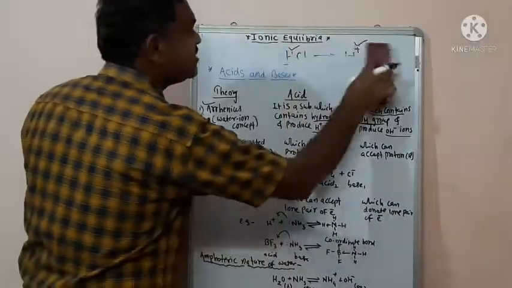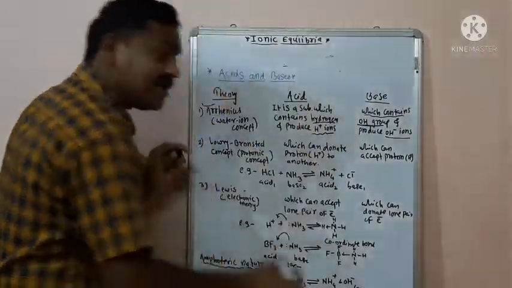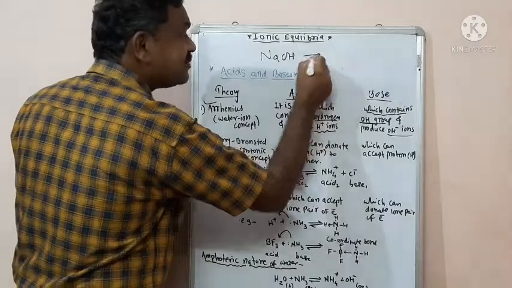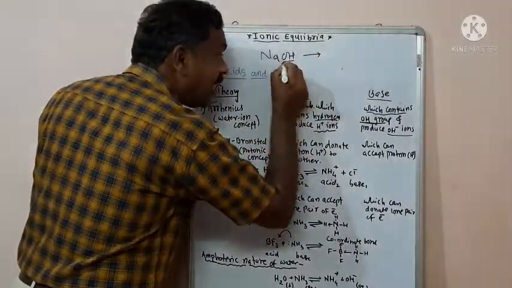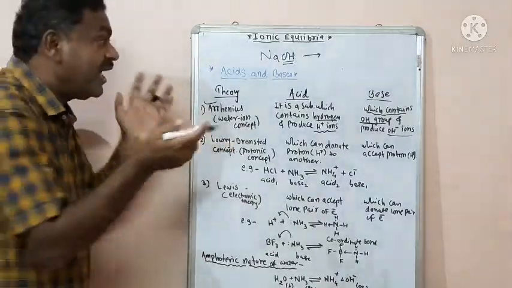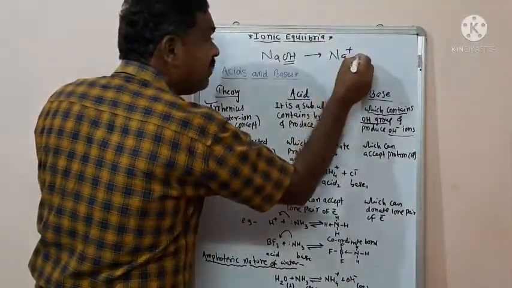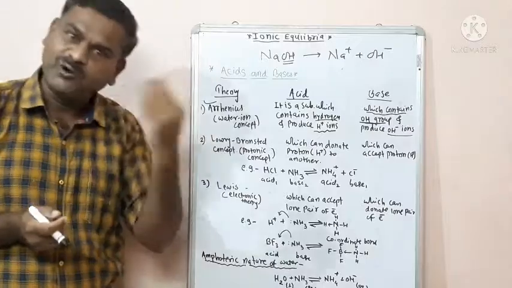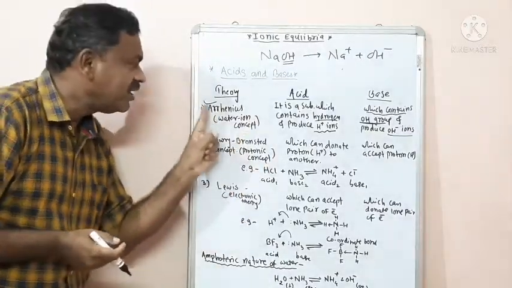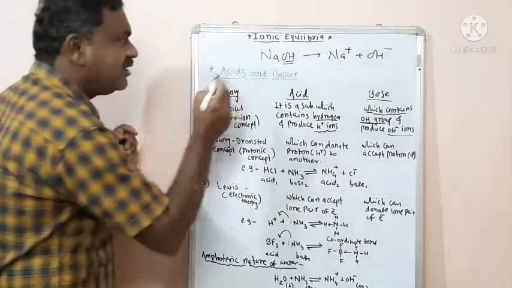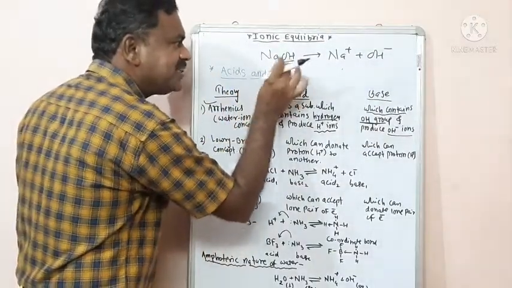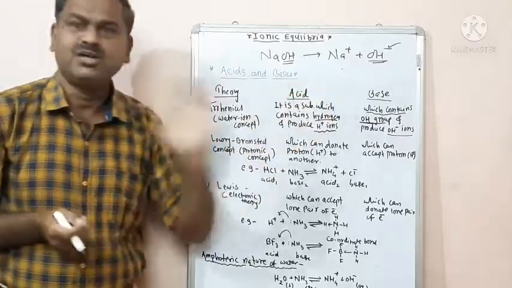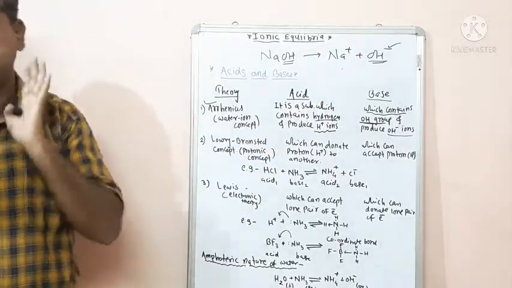Another example, for a base: sodium hydroxide, NaOH, contains the OH group and produces Na plus and OH minus, the hydroxyl ions. Therefore, a base is a substance which produces hydroxyl ions, according to the Arrhenius concept.